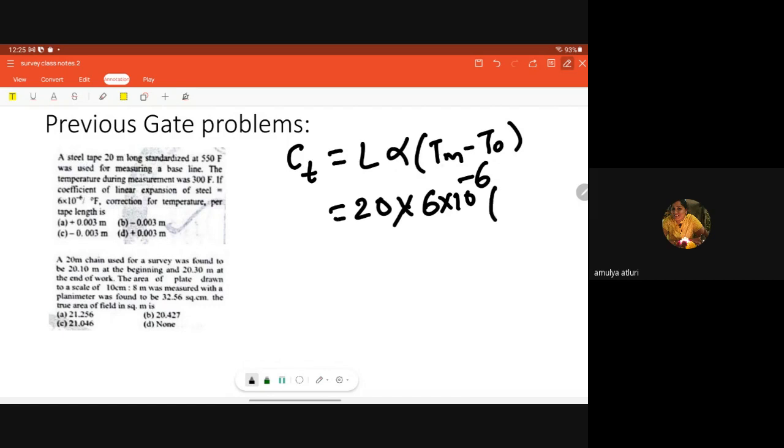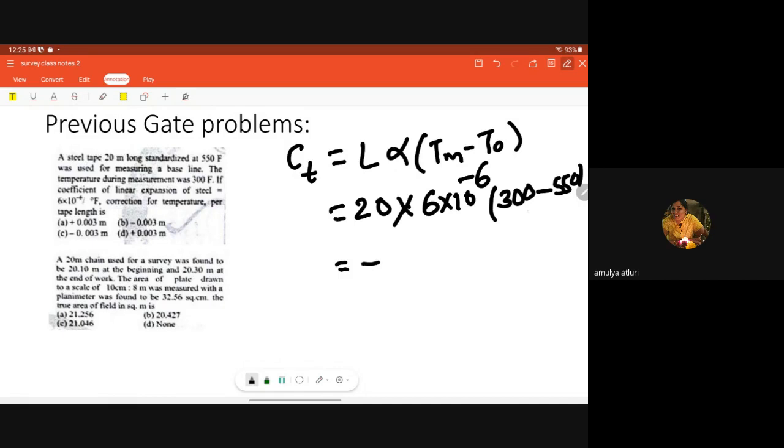Alpha is 6 into 10 power minus 6. Next, the temperature at the time of measurement, he has given 300 minus 550. So what is your value?